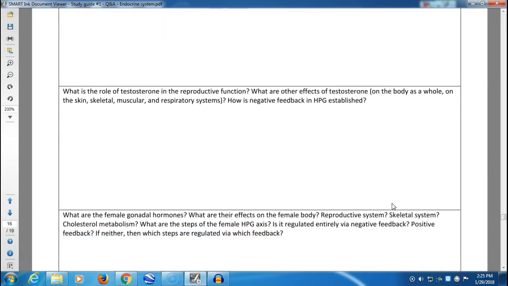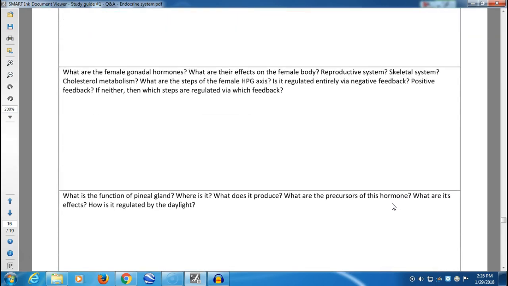Does that make sense? Female gonadal hormones, female body, widening of the hips, growth of the breasts, growth of the reproductive organs, enlargement of uterus, skeletal system, calcium retention, bones become stronger, cholesterol is healthier, but there is estrogen presented.